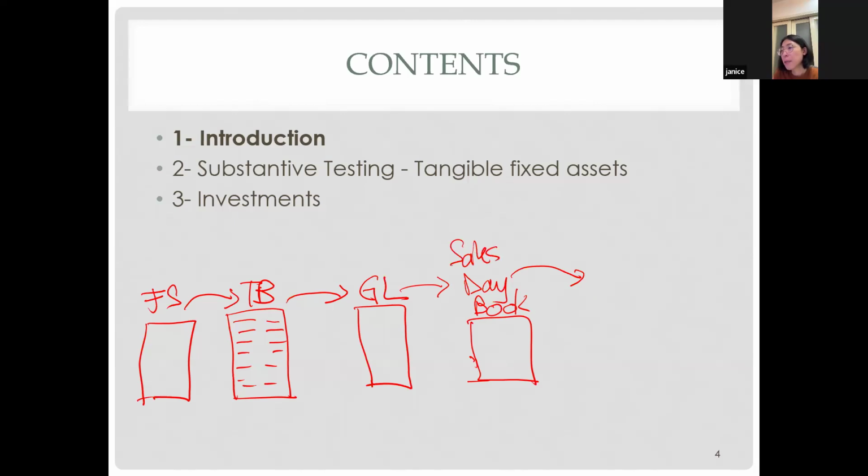Right now we're not doing the sales, so I'm not going to do that. Today we're going to talk about non-current assets. Normally, what's the document used to record all your non-current assets? Do you guys remember the name of that document?